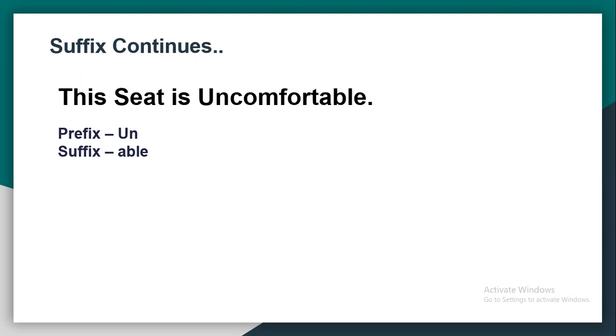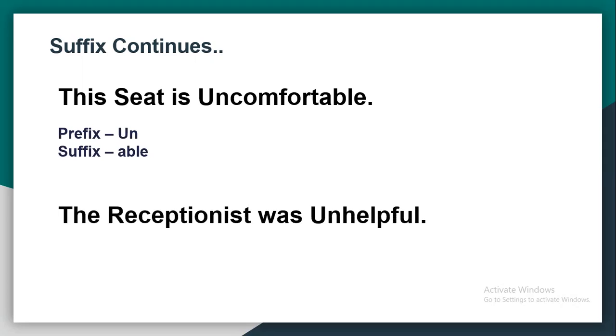Okay, and then the second example here we have: the receptionist was unhelpful. So here also we can see a suffix ful and the prefix un. At first, help was a noun, and by adding the suffix ful to it, it turned into an adjective.